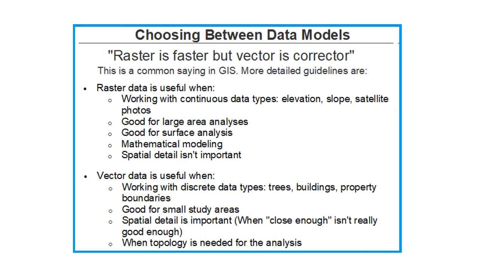It is good for large area analysis, good for surface analysis, mathematical modeling, where spatial detail isn't important. Say we have to develop a dam and we have to develop a digital elevation model.